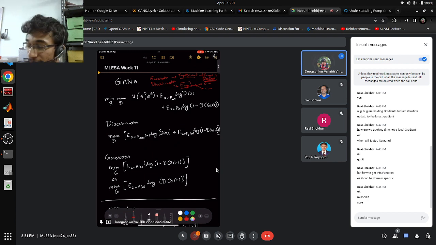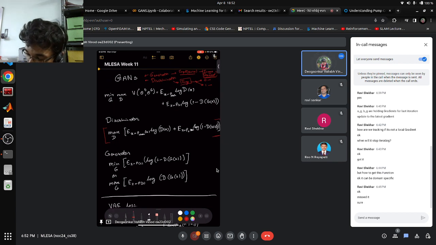So the generator and discriminator have competing objectives. If you set it up in this form, I will mainly highlight this part. We are forcefully making the generator and the discriminator compete.